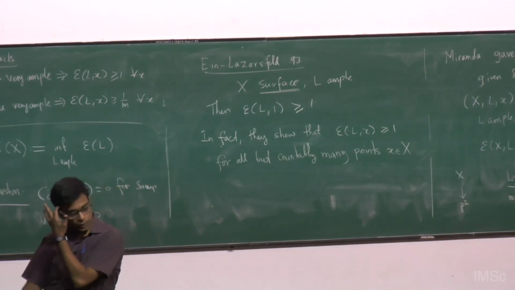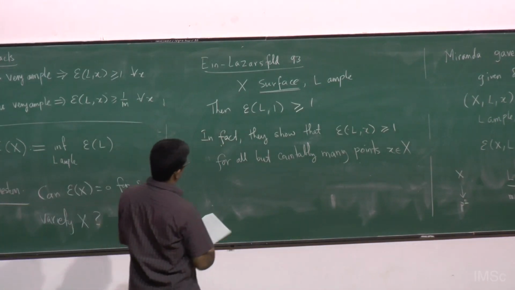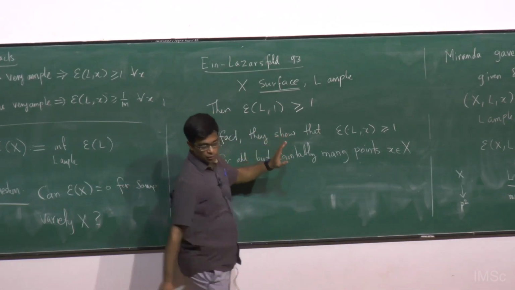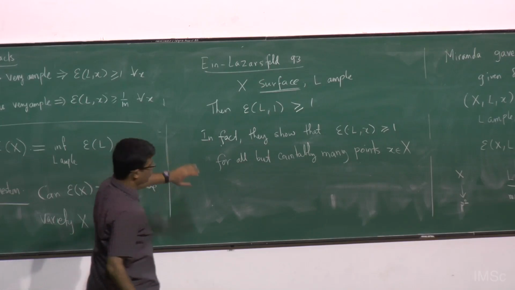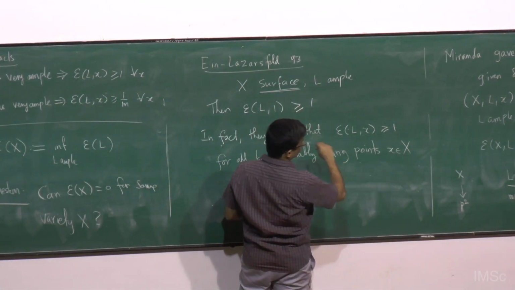So for all but countably many points x, epsilon(L, x) is at least 1. And at some point just before this, I started looking at only complex varieties. That's important for them.